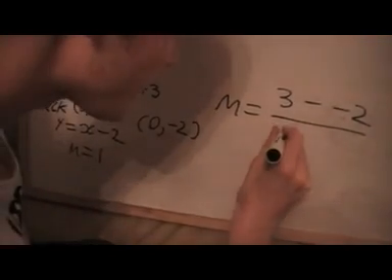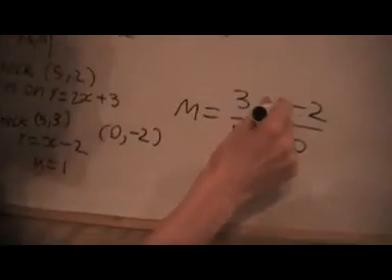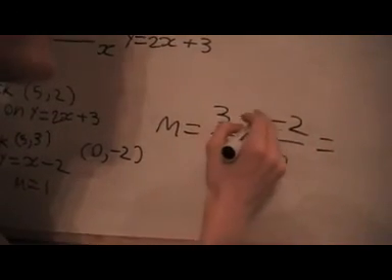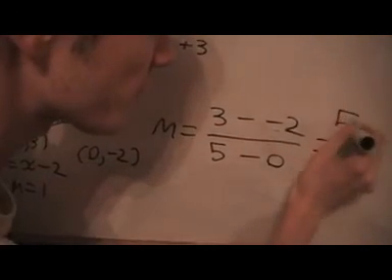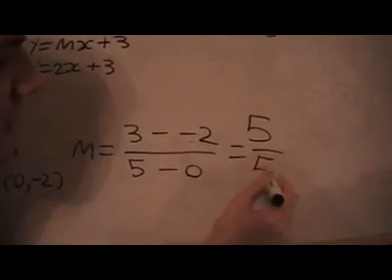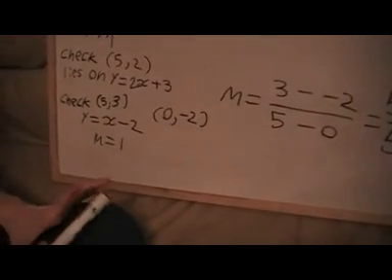That's going to be 5 minus 0. Now because we're taking away a minus here, we're actually adding it. So this is the same as 3 plus 2, which is obviously 5. Then we've got 5 minus 0, which is 5. And then we know that 5 divided by 5 is 1, so the gradient of this graph is 1.